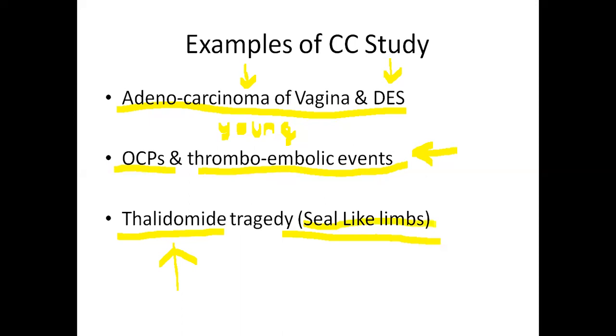A case control study was carried out, and it was found that there was a strong association between the consumption of thalidomide in the antenatal period and the presence of seal-like limbs.